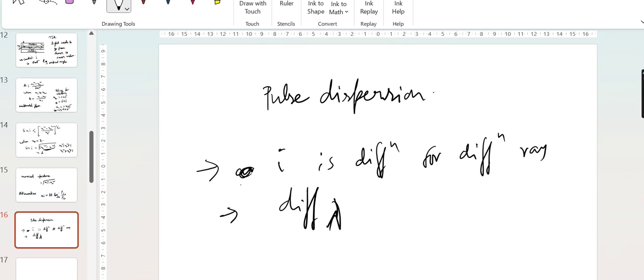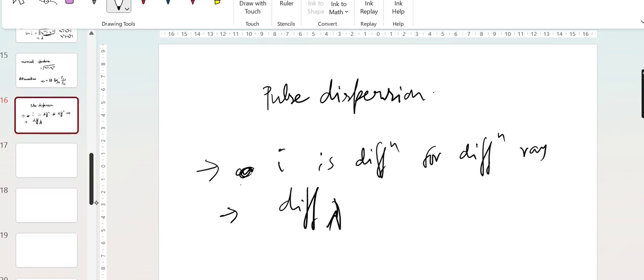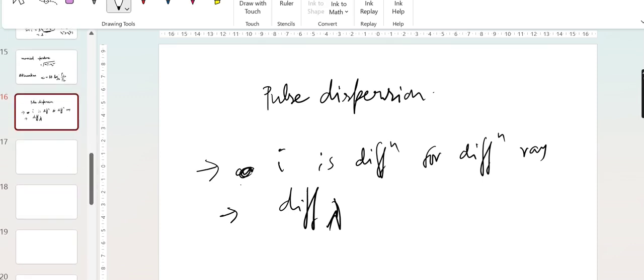We know that different wavelengths see different refractive indices, and due to this their velocities also change. So there are diffraction problems and all those things. So the pulse gets dispersed, and how we compensate for that pulse dispersion is another topic.